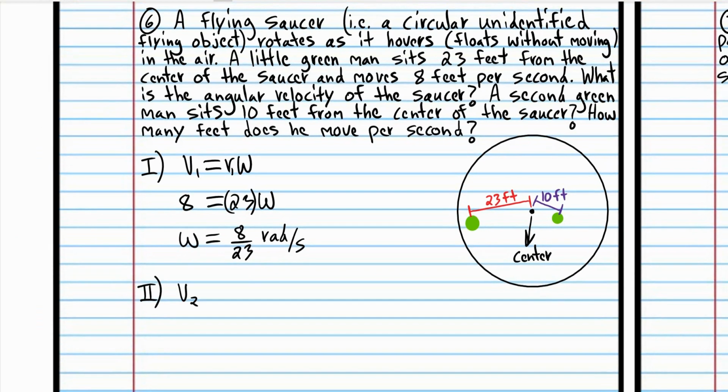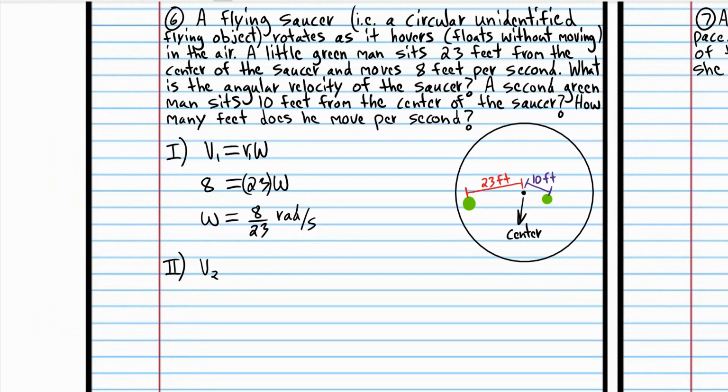So now we're going to find the linear velocity of the Martian man that is closer to the center. So that's going to be this radius, the distance from the center to the second Martian man, times the angular velocity, which we already found. So that's 10 times 8 over 23, which is 80 over 23.